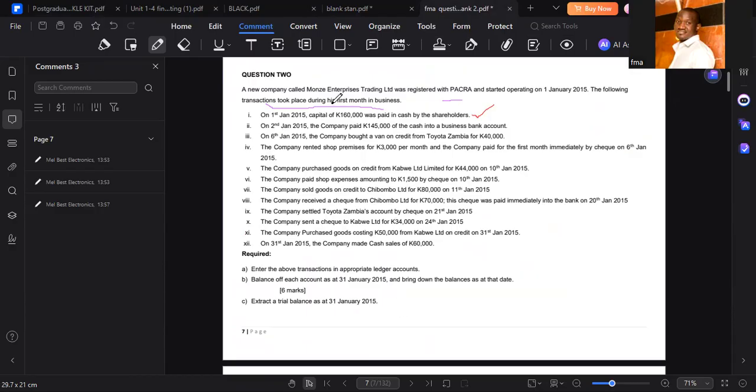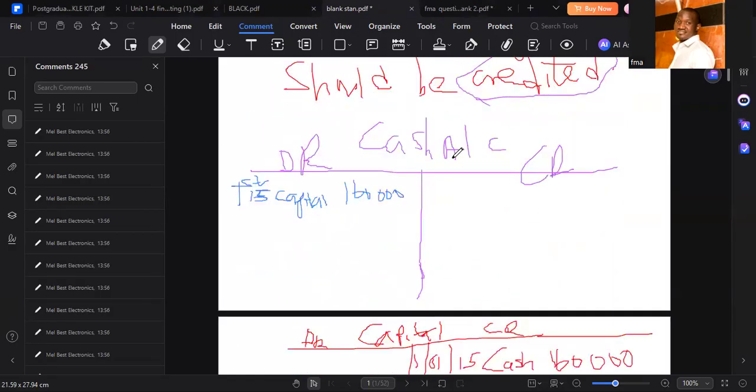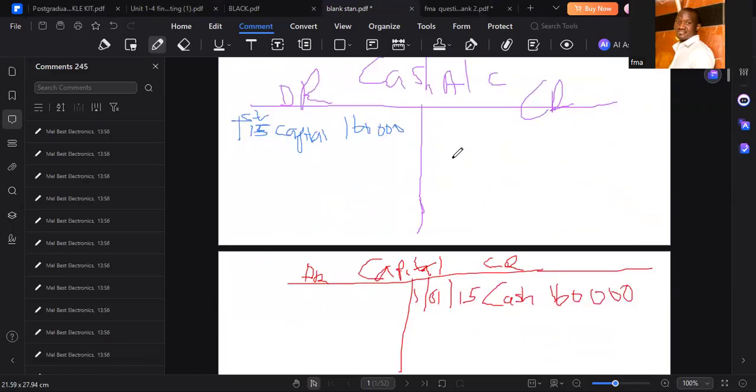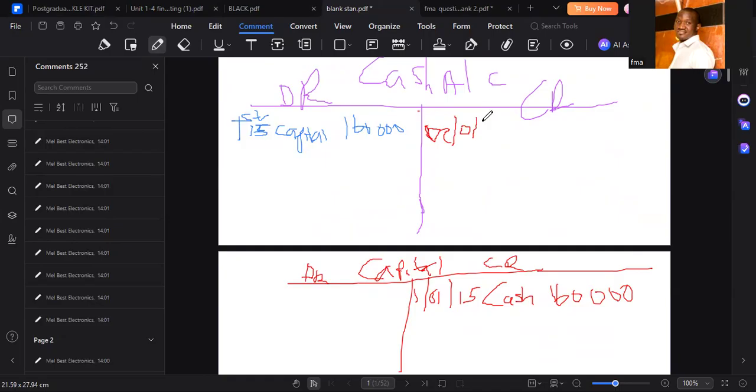So the cash account, we are going to actually go to the cash account. All right, so in the cash account on this date, 02/01/15, this is going to the bank.